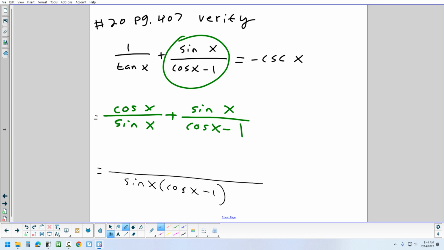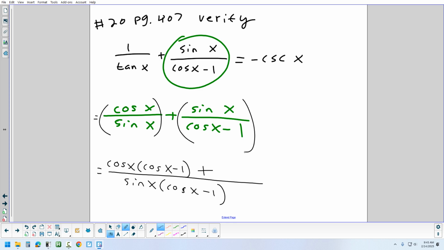What would we have to multiply top and bottom of that fraction by to get the common denominator? Cosine minus 1. So we have cosine times cosine minus 1 plus, what would we have to multiply top and bottom of that fraction by?